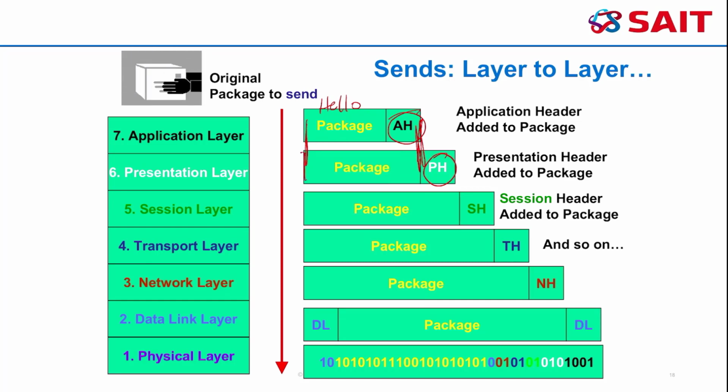As far as layer 6 goes, what it's taking is the hello message plus the application layer information and adding its header, its presentation header. And you can see how that goes on down the stack, to finally, when you get to the physical layer, it's the whole thing.